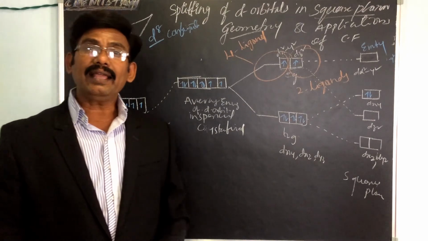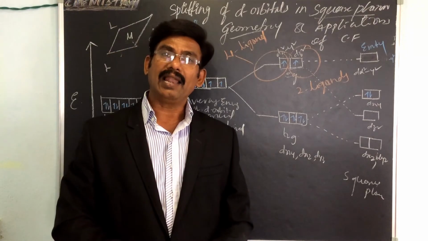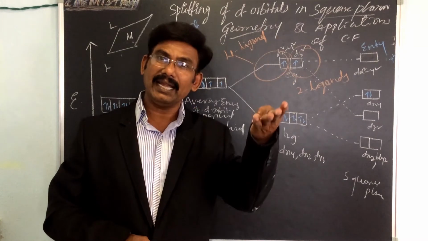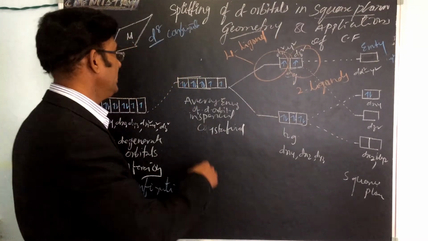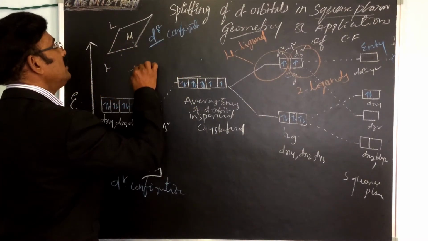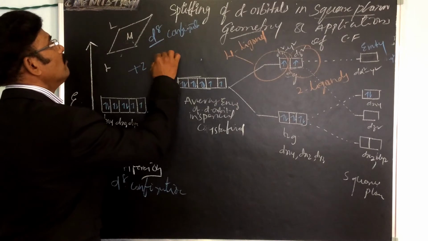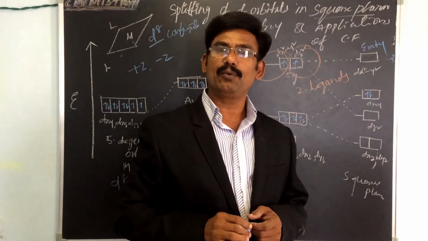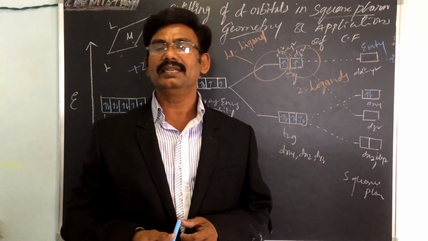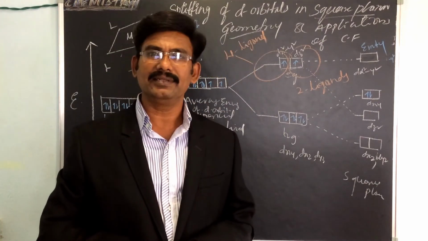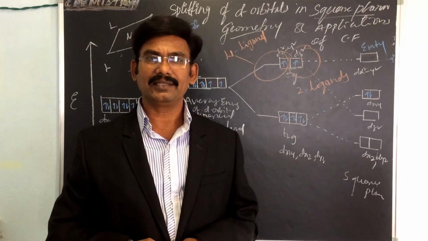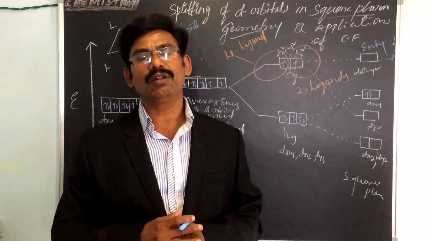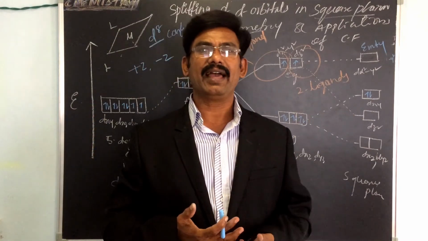Okay, the ligands which approach along the plus z and minus z directions. Always the ligand which approaches along the plus z direction and minus z direction meets strong repulsive force from the filled dz square orbital.